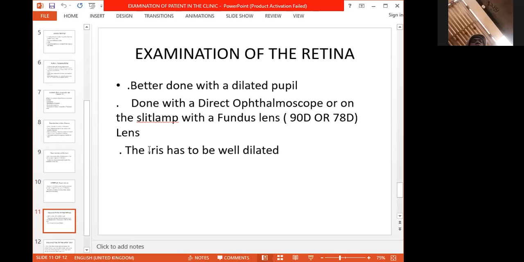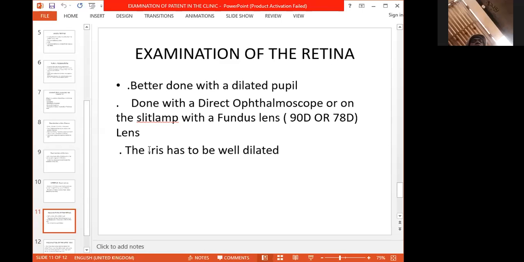I was saying examination of the retina is better done with a dilated pupil, and it's done with a direct ophthalmoscope or on the slit lamp with a fundus lens, 90D or 78D. It's common practice in ophthalmology to have your own either a 90D or 78D, because sometimes these things are not available there.